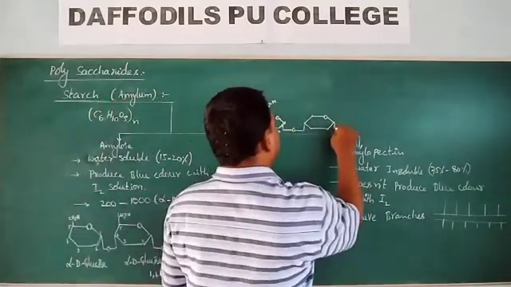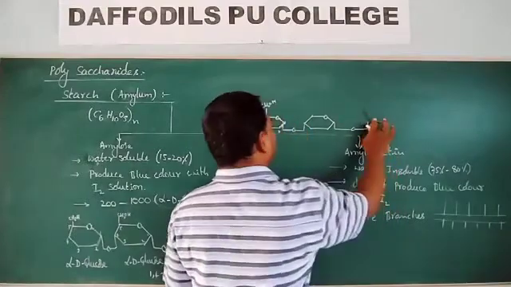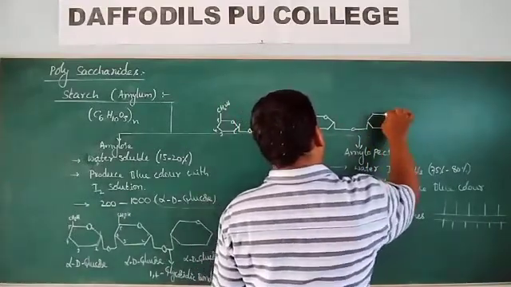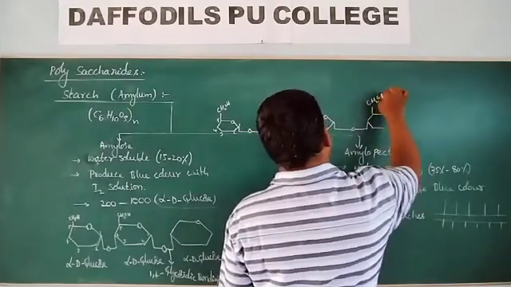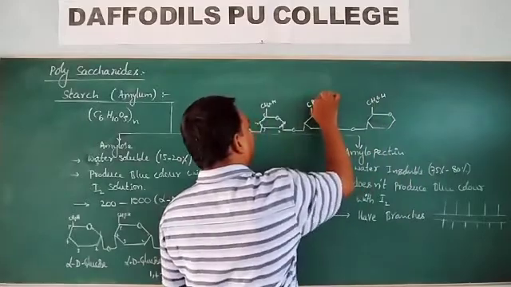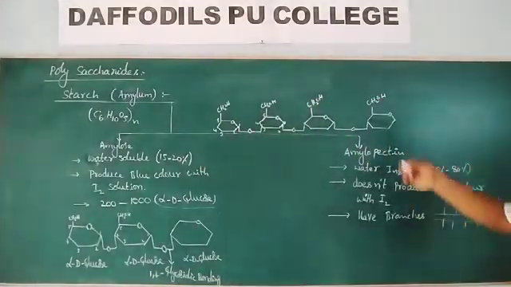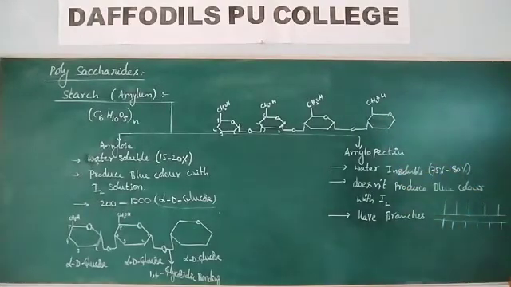Like that, we have a straight chain. These straight chains are branched by another glucose unit at the sixth carbon.